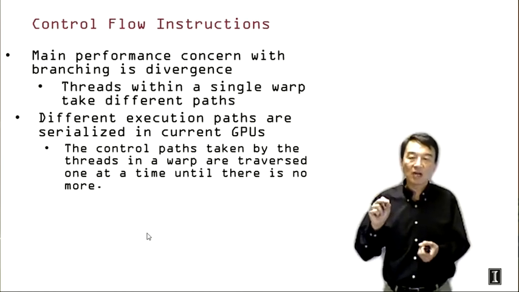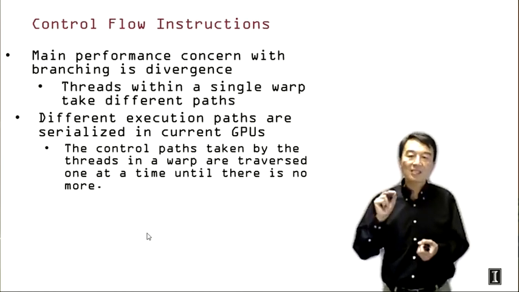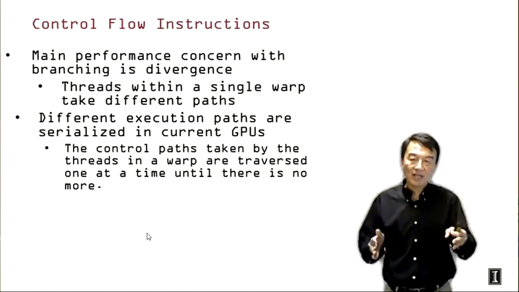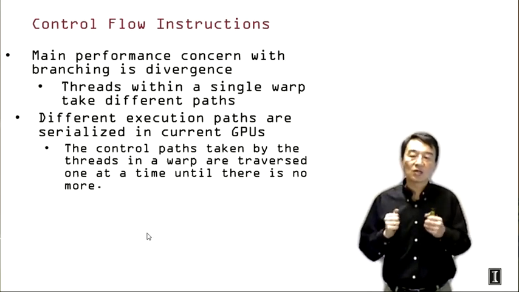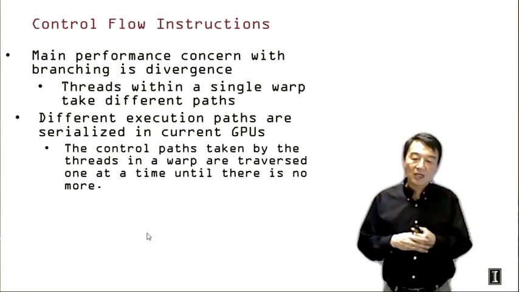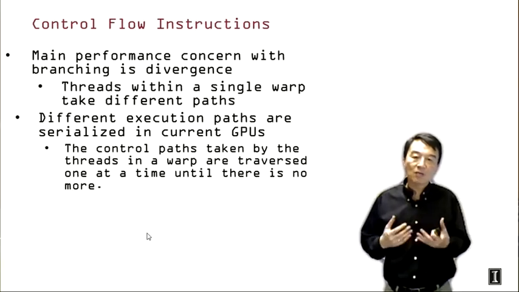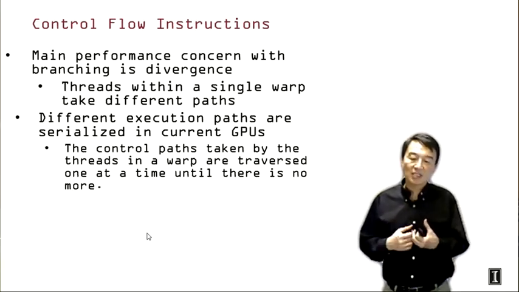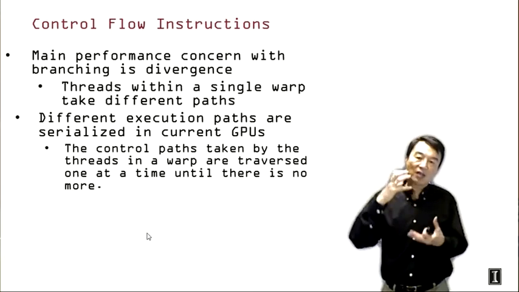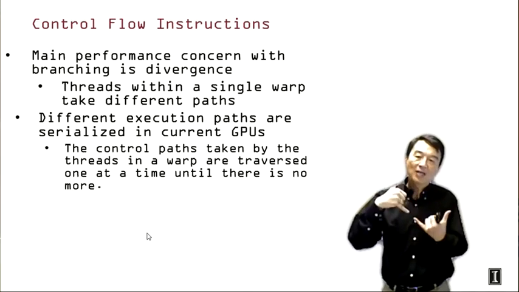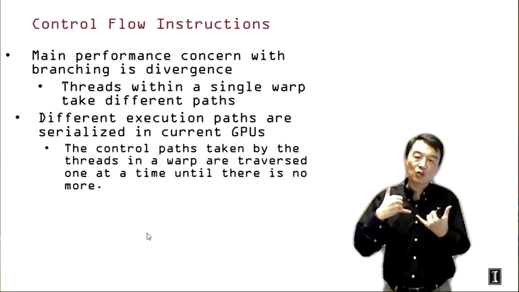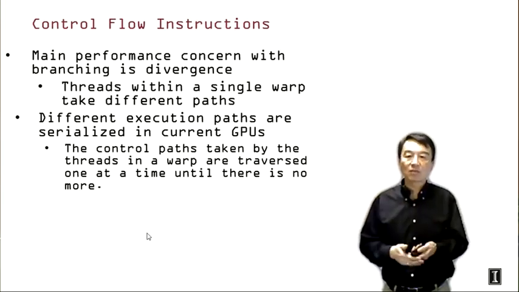That's when we need to have two passes through the different paths of the code in order to execute all the threads. And these different execution paths are serialized in their execution, so their execution will add up in the total execution time and therefore cause our performance penalty.